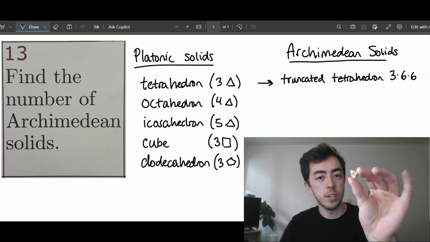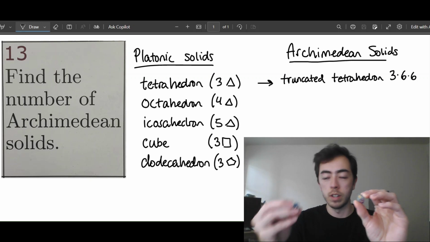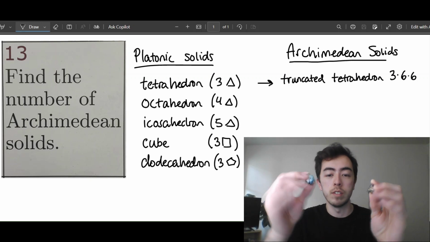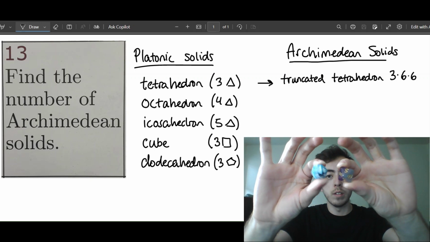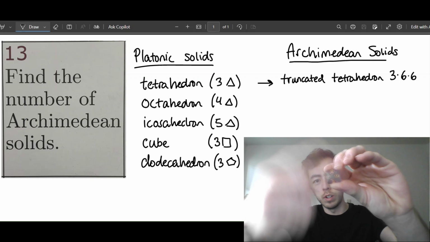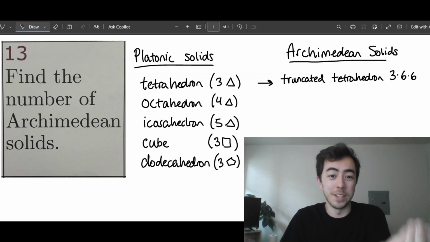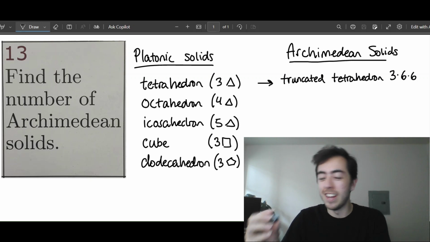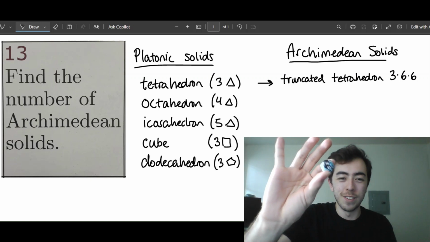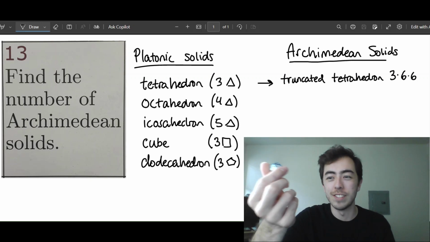And just like our tetrahedron, we can truncate our octahedron and we can truncate our icosahedron. So these again are like our triangle-formed platonic solids, and you can truncate all of the vertices of this guy and you're going to get something called a truncated octahedron. And you can also truncate all the vertices on this guy and you're going to get something called a truncated icosahedron.